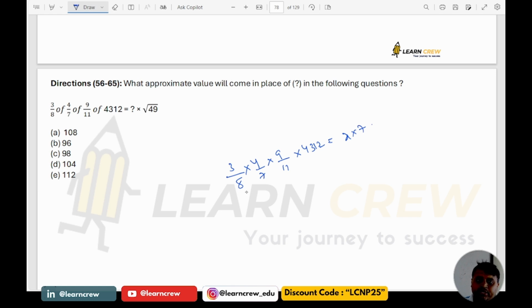So now what I am going to get here? 4 1s are 4, 2 7s are 14, 14 11s are 154, 154 2s are. 154 into 7 is 1078. 1078 4 times is 4312. 3 9s are 27, 27 4s are 108. So the answer is 108.